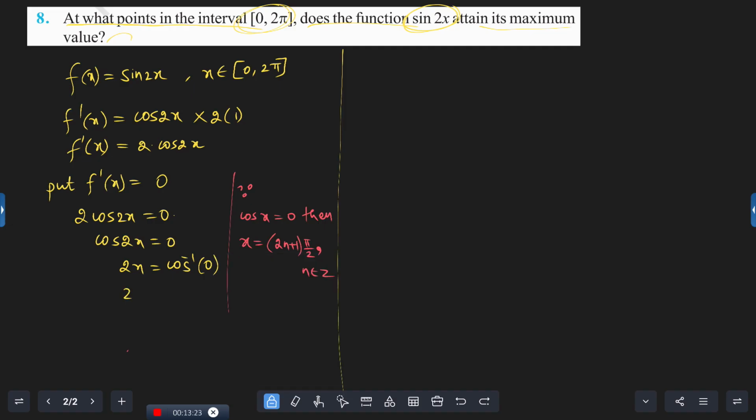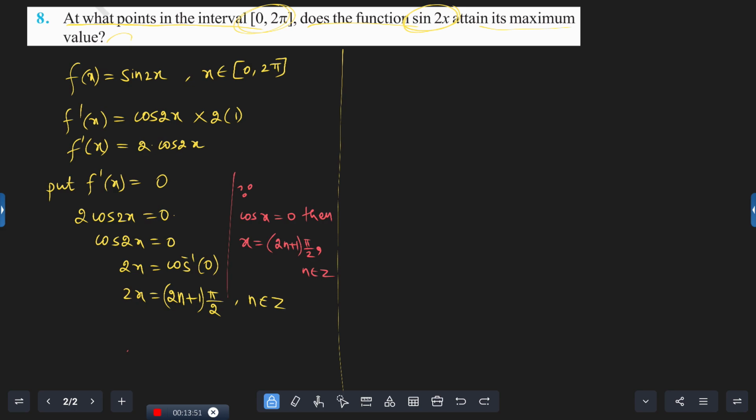So 2x is equal to cos inverse of 0, which you can write as (2n plus 1) into pi by 2, where n belongs to integers. We have to check that whatever answer you get must belong to the closed interval 0 to 2 pi.